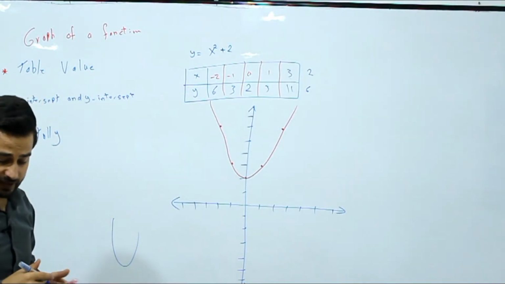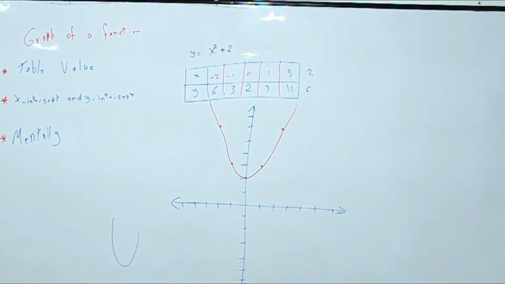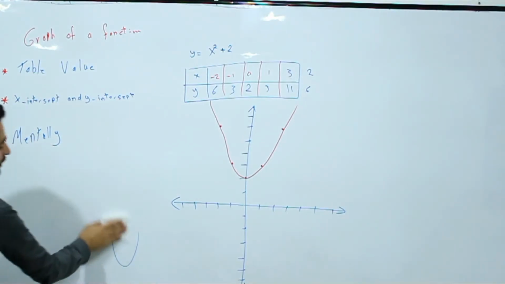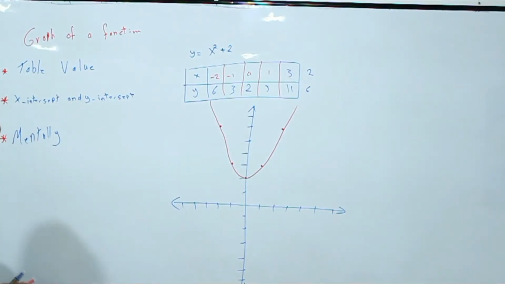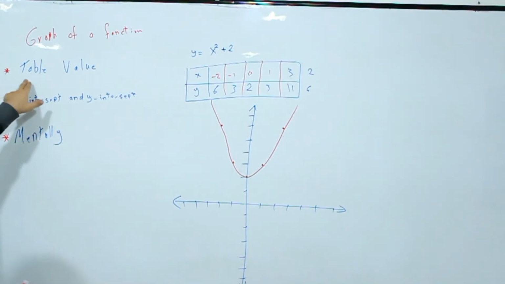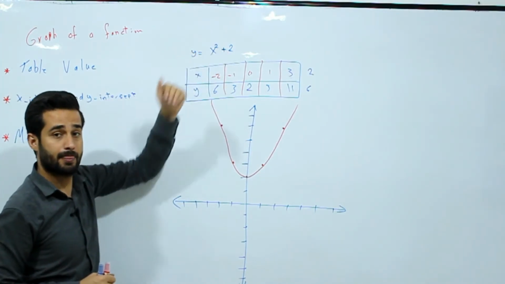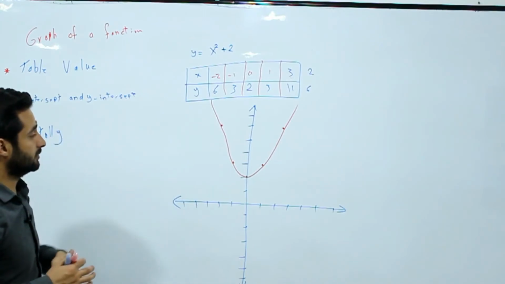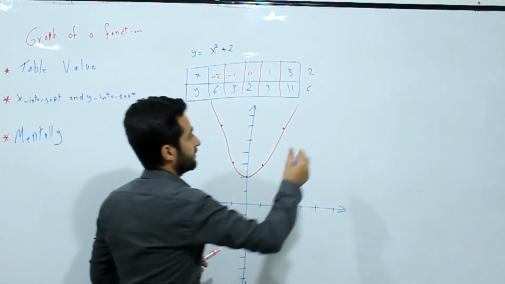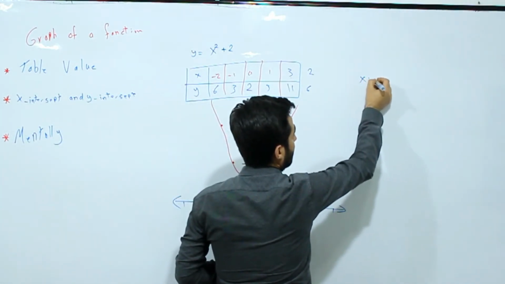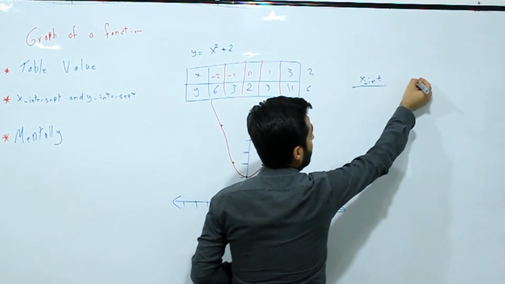And after this, let me talk about the second one, X-intercept and Y-intercept. This is the first one, table of values. The other one is X-intercept and Y-intercept, which we can use to graph this function. How? Let's find the X-intercept and Y-intercept.